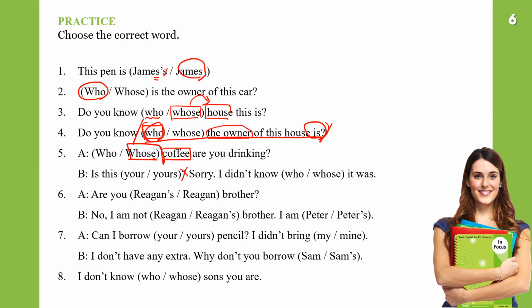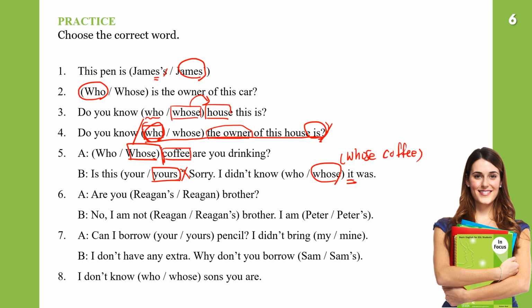Yes, there is no noun, so we use possessive pronoun. Is this yours? Which means, is this your coffee? Sorry, I didn't know who it was or whose it was. So this is possessive pronoun, it's not possessive adjective.